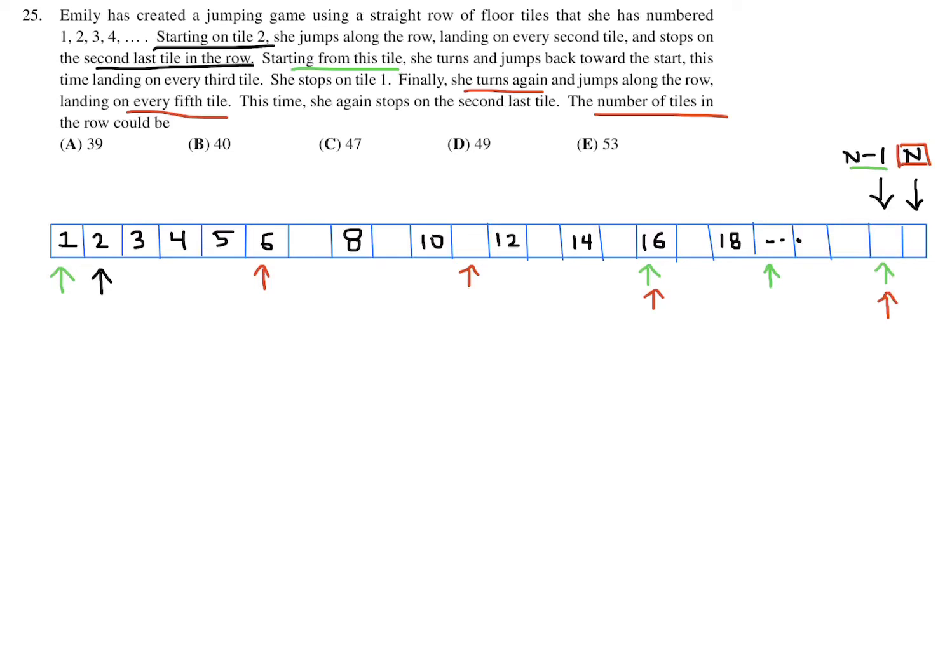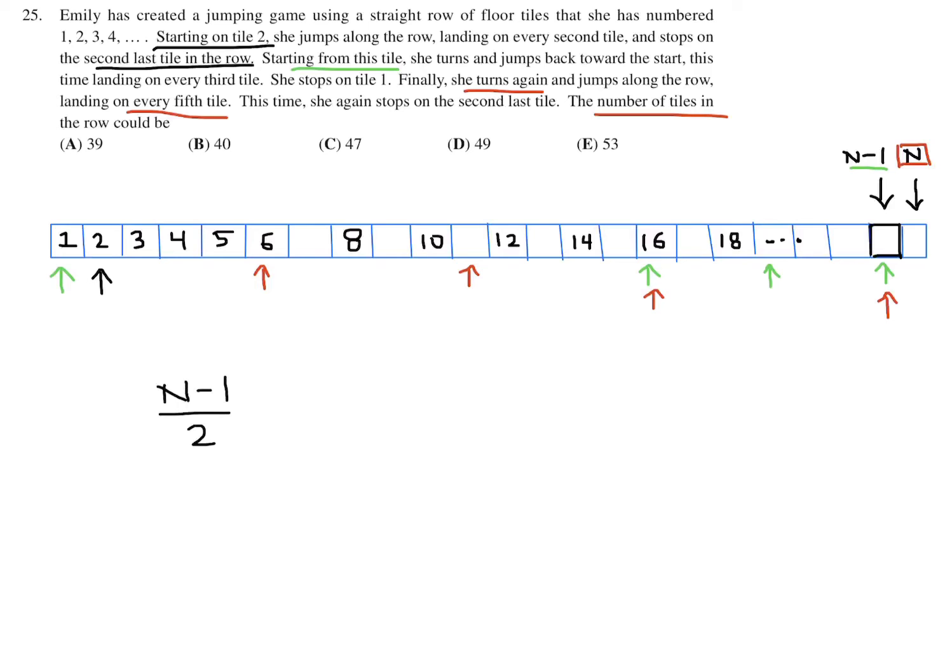Okay. So first, we've got 3 scenarios, right? The first scenario is when she's going from tile 2 and jumping every second tile. So she eventually lands at n minus 1 right here. So that means that n minus 1 must be a multiple of 2, right?